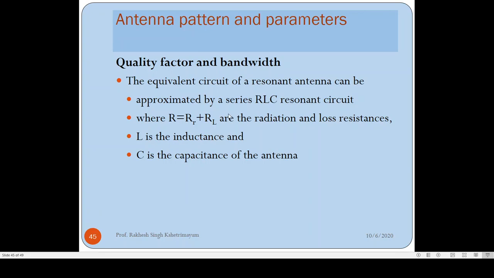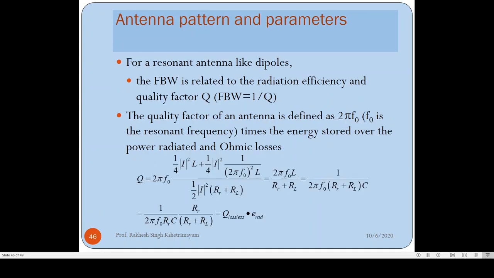These losses are due to conductor losses or dielectric losses, because we make most antennas using either conductor or dielectric. Once you have the quality factor of the antenna, you can also find out the fractional bandwidth. You take the inverse of the quality factor and you get the fractional bandwidth. So bandwidth can be found from the quality factor.